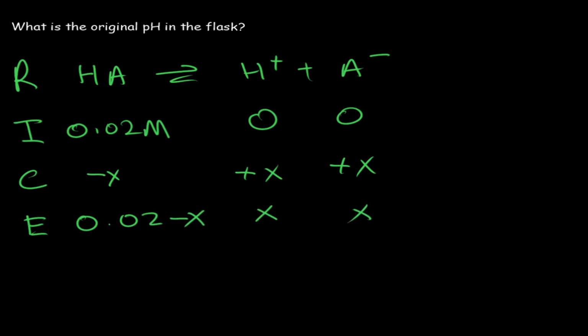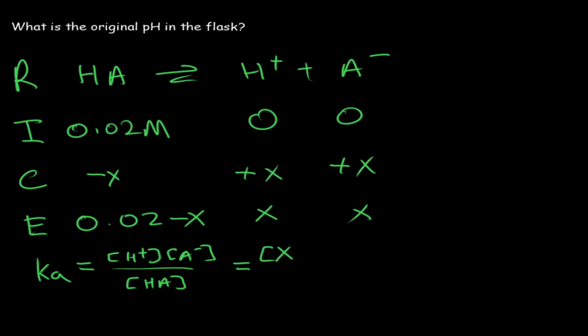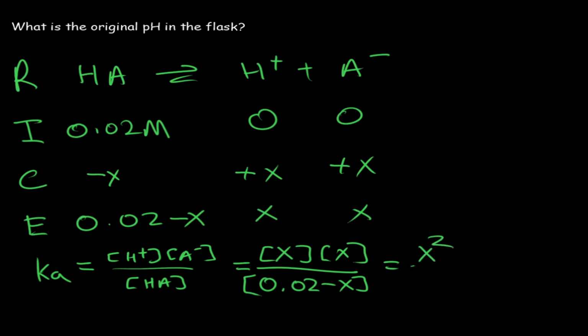So what do we do at this point? Since it's a weak acid, we use the Ka expression. Ka is equal to H plus times A minus all over HA. And we know our values of H plus and acetate is X multiplied by X all over 0.02 minus X. And that's equal to X squared over 0.02 minus X. That's equal to our Ka of acetic acid, which we said was 1.8 times 10 to the negative 5.